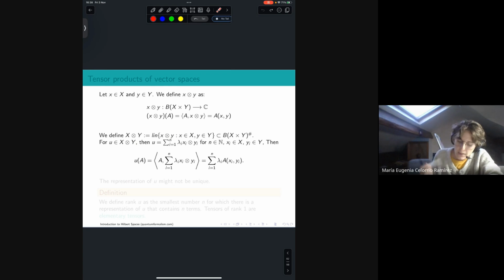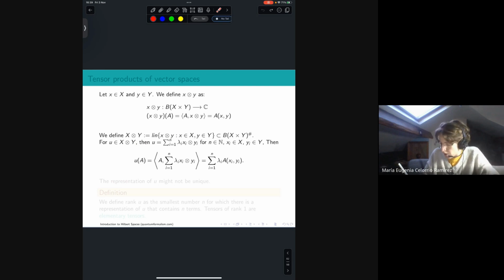And remember, the way we define the basic tensor products, we had to figure out how we apply them to a bilinear form. Well, how do we apply this u to that bilinear form? It's going to be the linear combination of that bilinear form applied to every pair that creates these elementary tensor products.